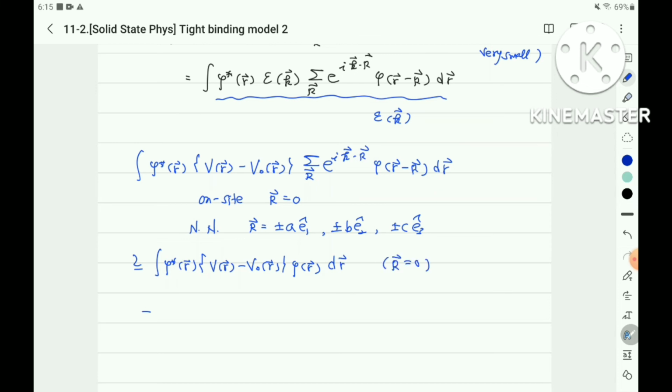And in the other case, we should calculate this kind of Bravais lattice vector. In the e1 direction, let's calculate phi star r and V minus V0, this is the potential, and also here exponential i k dot R.